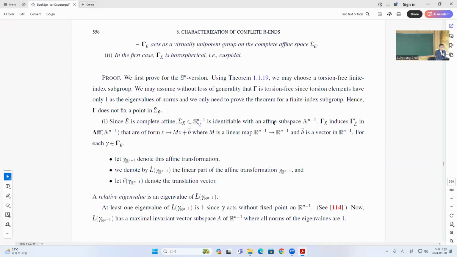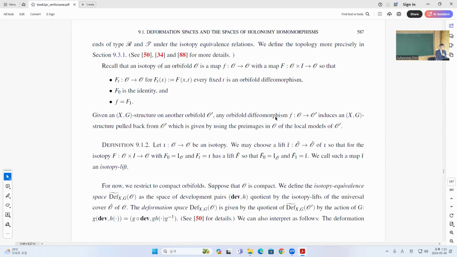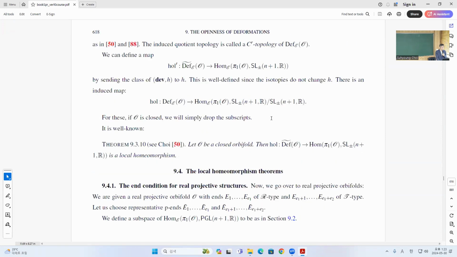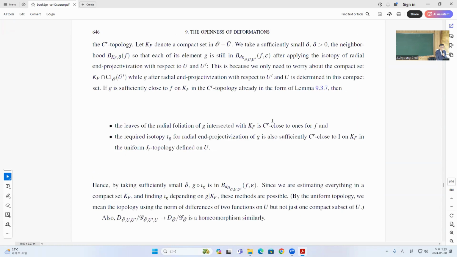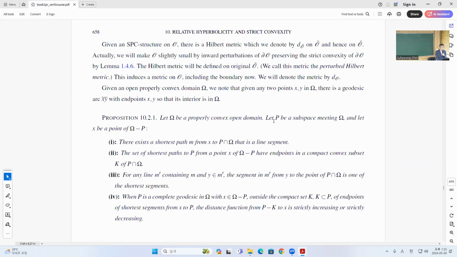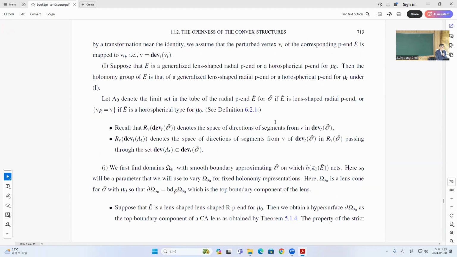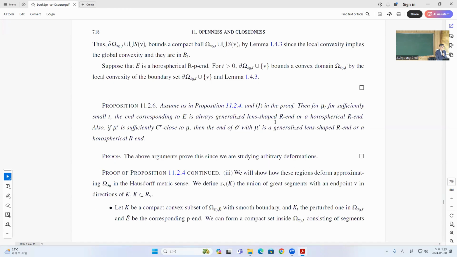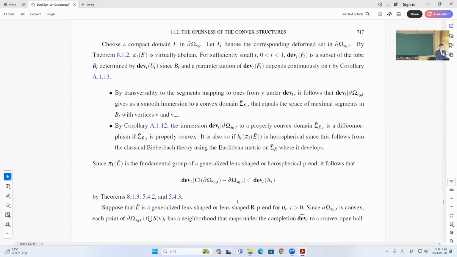Because I have to consider the horospherical, and I only consider the abelian case, but other cases are similar. Maybe I should say that clearly, but I didn't. Sorry. I have to go back to where I was.